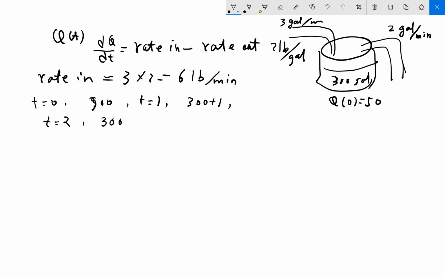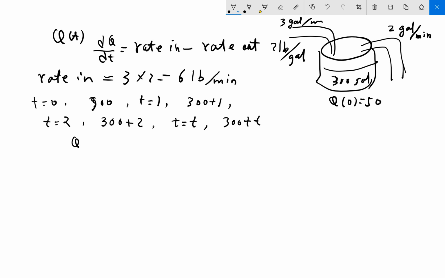After 1 minute, 1 gallon more, then 2 gallons more, right? So at any given time t, the number of gallons of solution will be 300 plus t, right?